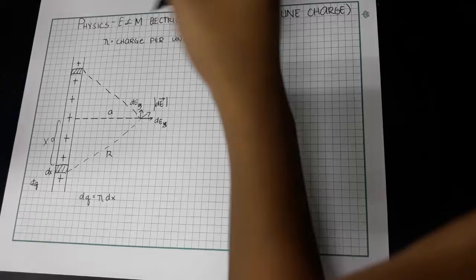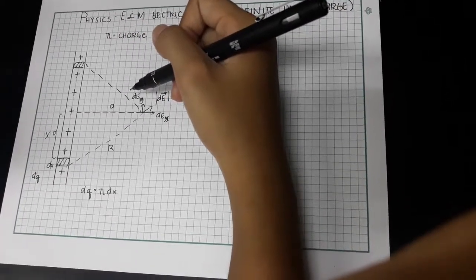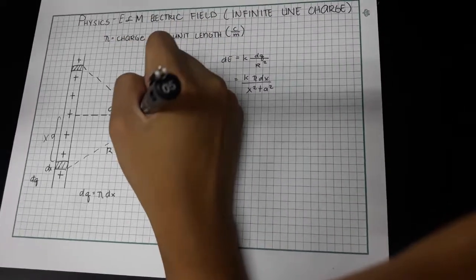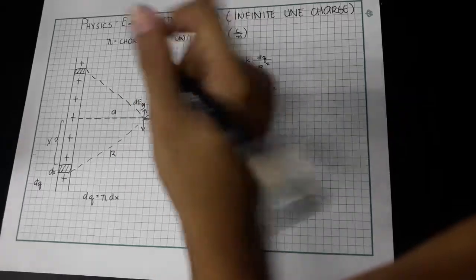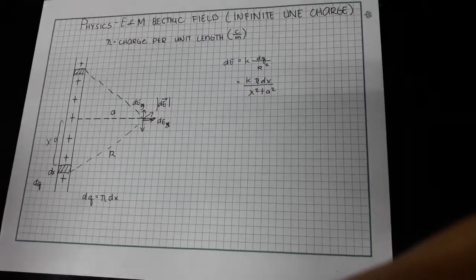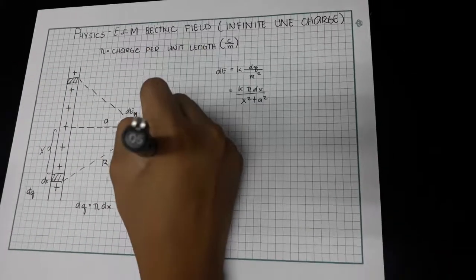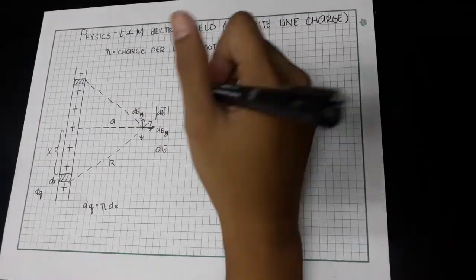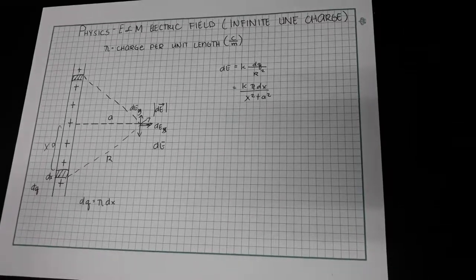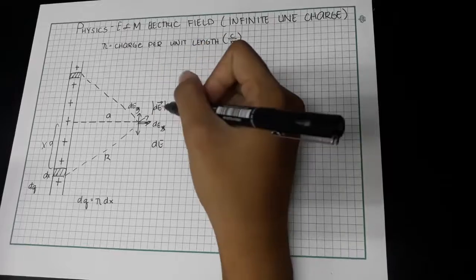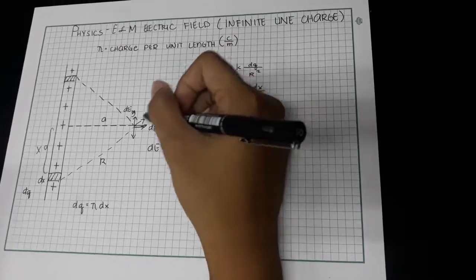And we start building a line segment and find the electric field due to the line charge. And I notice it also has vertical and horizontal components. And we call it dE, and notice that with the same number of segments below this point and above the point, the vertical components cancel out, and only the horizontal component remains.